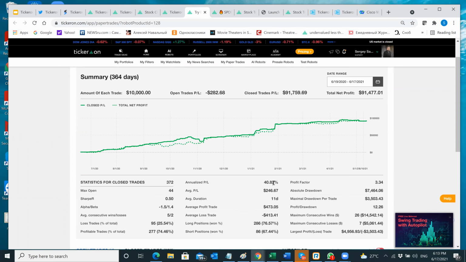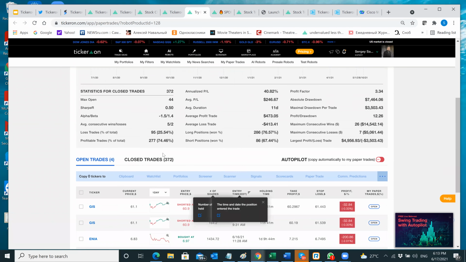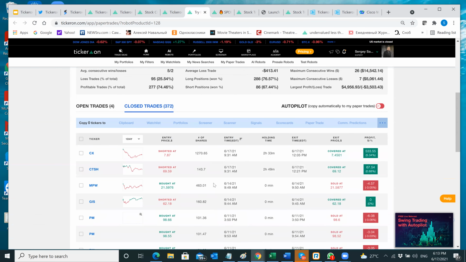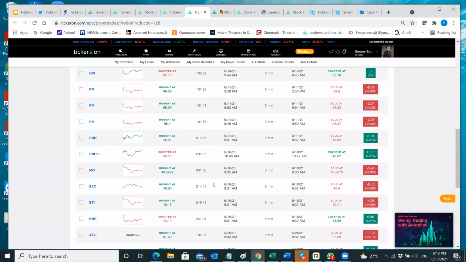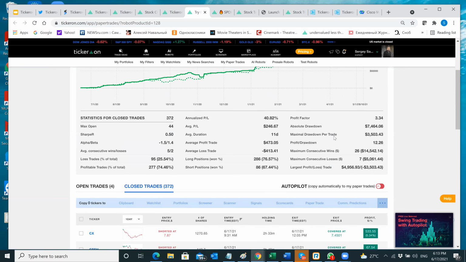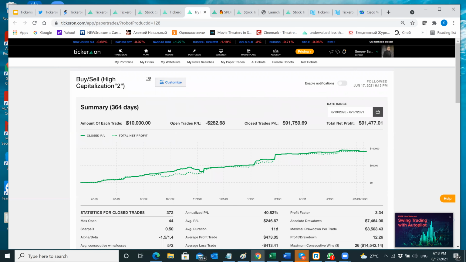So then let's look at the closed trades. It already would have made 91,000. And that's the way it works with robots. Every time we're simulating this on a $10,000 trade.